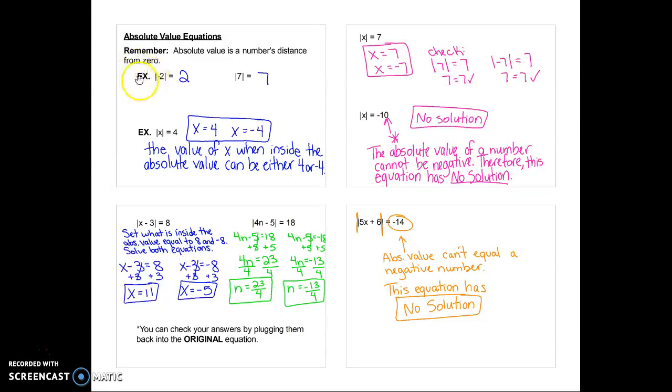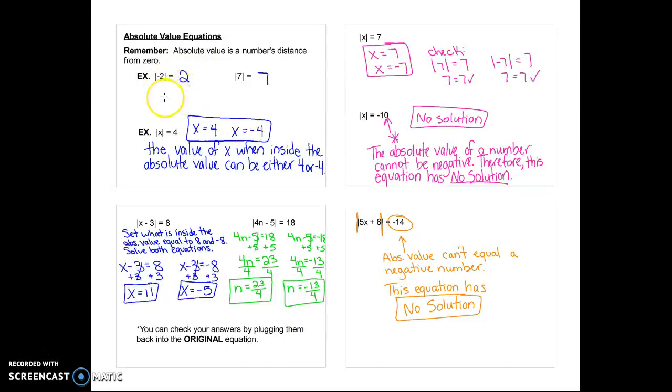So if we just look at two plain simple examples of just finding the absolute value of a number. If I give you the absolute value of -2, that is asking you what is the distance of -2 from 0. So if you think about a number line, -2 is 2 away from 0. So its distance is a +2. Okay?